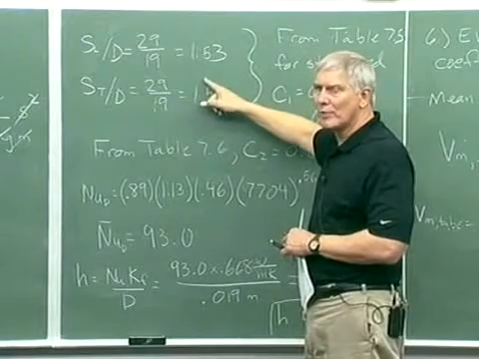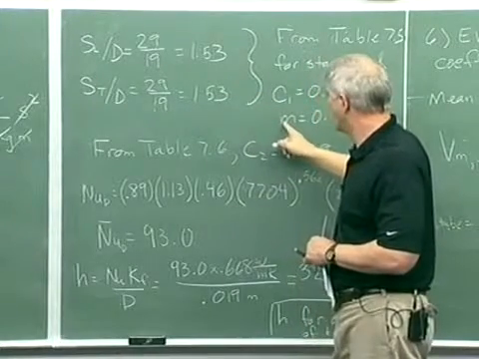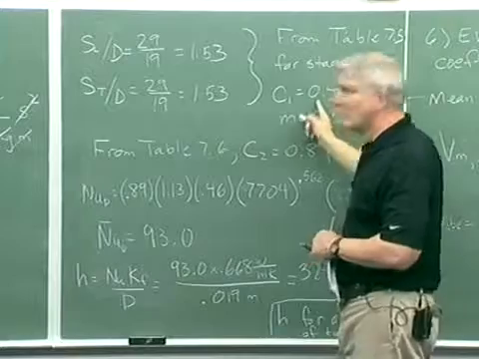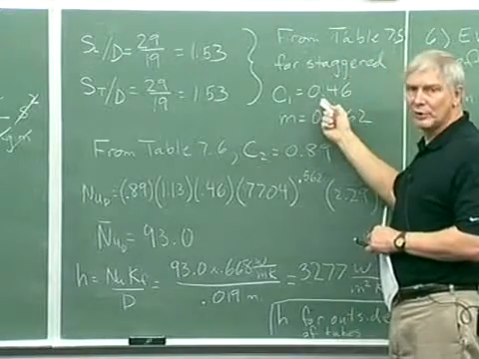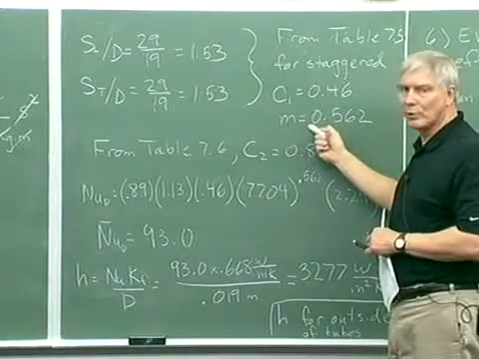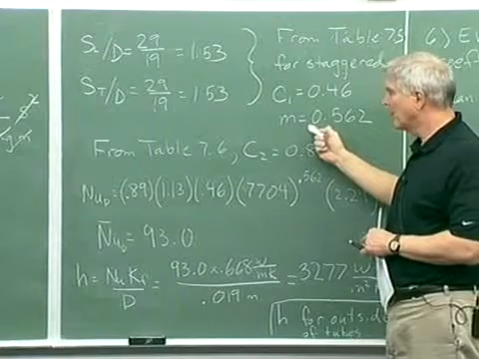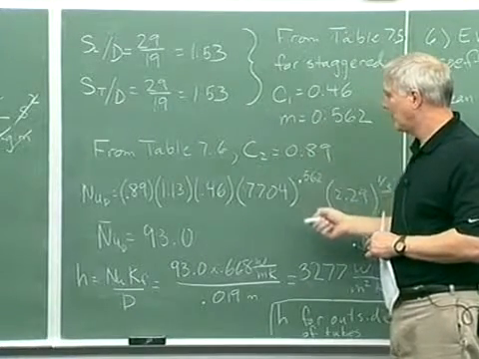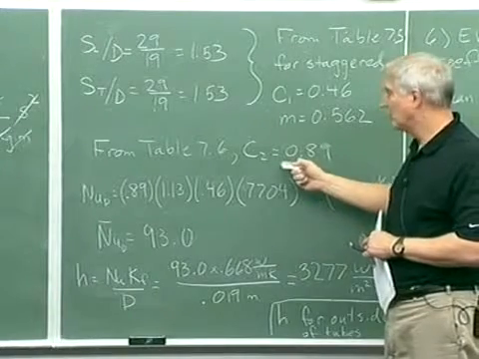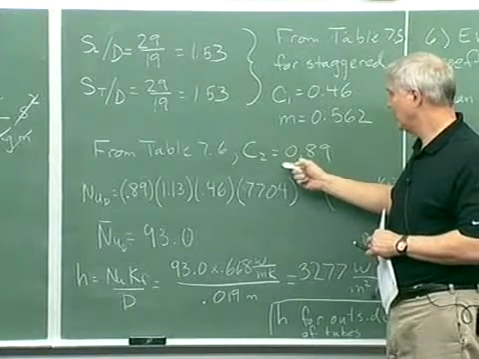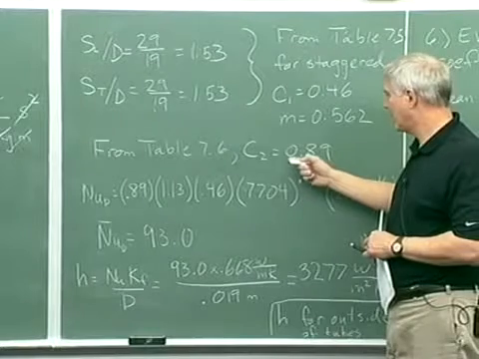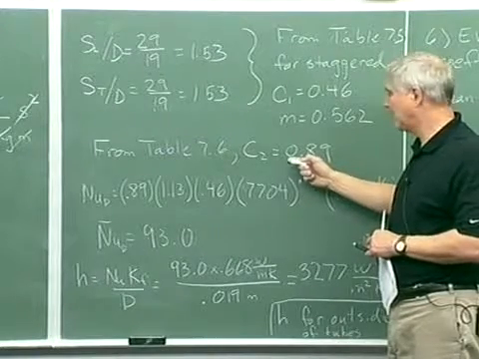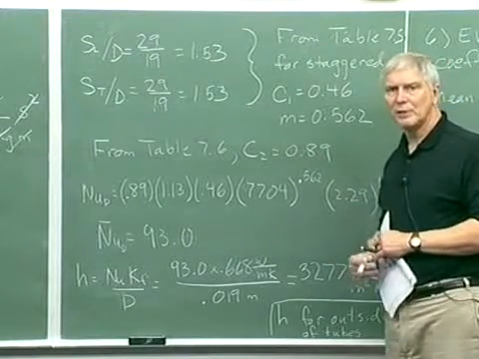They're both 1.53, and so we look it up, and we get that C1 is equal to 0.46, and M is equal to 0.562. All right, but because we have less than the required number of tubes, we have to get the correction factor for C2, so we go to table 7.6, and from there we find that C2 is 0.89.